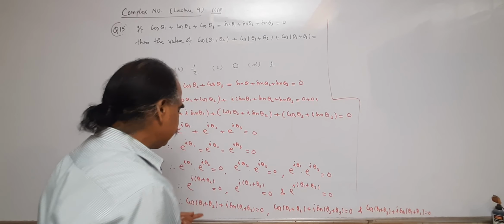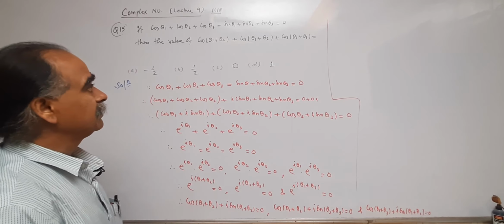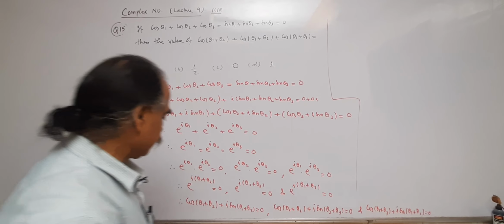Now a complex number is 0, so its real part will be 0 and its imaginary part will be 0.